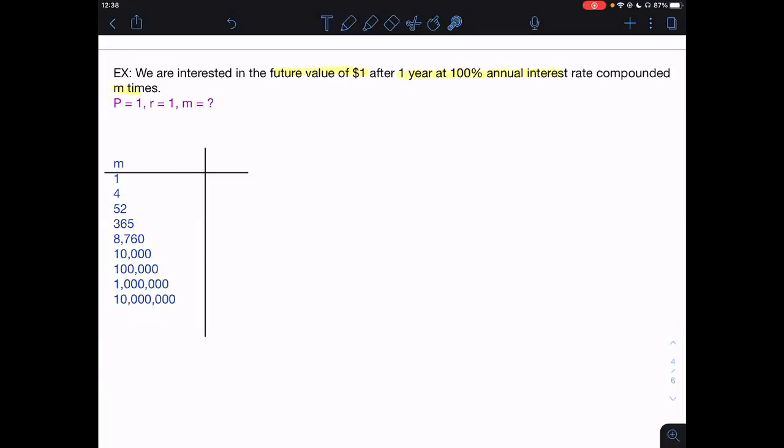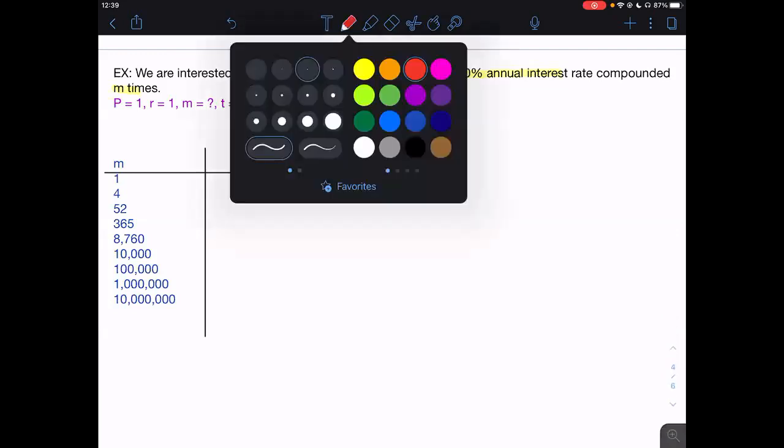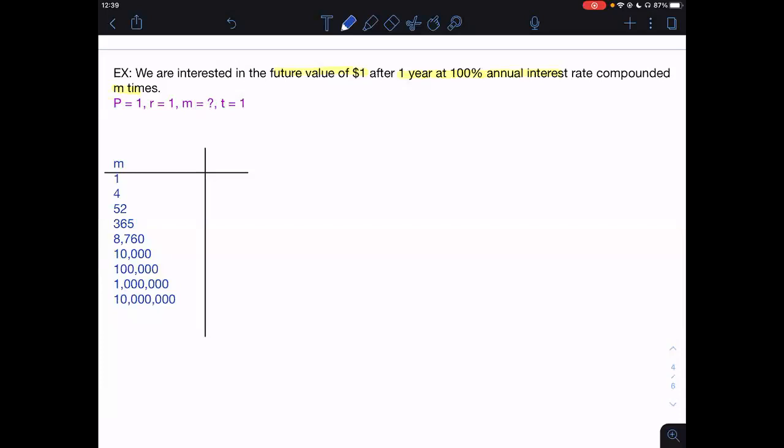We want to test it for different values of M using the table below. And then T here is going to be equal to 1, just 1 year. All right, so let's set up our equation. To calculate this future value, we're going to take our initial principal of $1 and multiply this by 1 plus 1 over M raised to the M power.